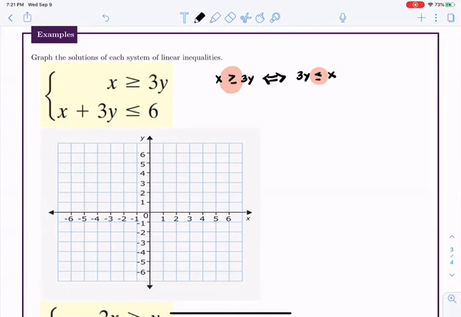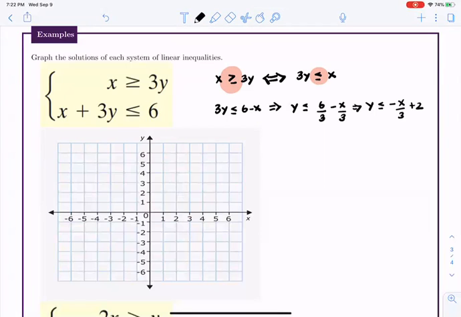And the second inequality, I could write it as 3y less than or equal to 6 minus x. Divide by 3 on both sides. y is less than or equal to 6 over 3 minus x over 3. y is less than or equal to negative x over 3 plus 2.